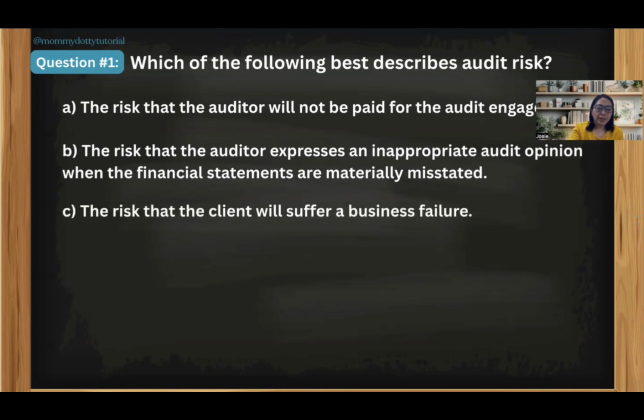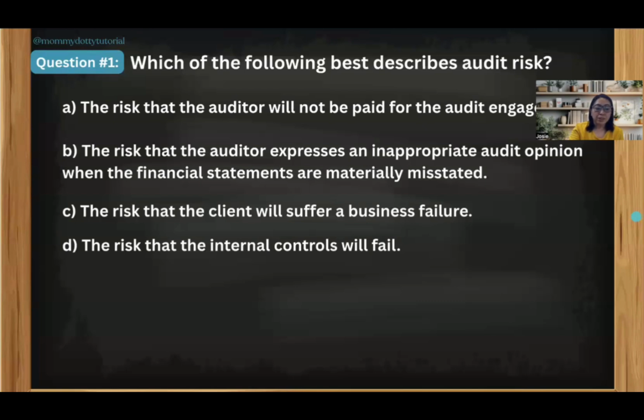C, the risk that the client will suffer a business failure. And D, the risk that the internal controls will fail. You may pause this video, just to give you some time to think, okay? For this one, the correct answer is letter B. The risk that the auditor expresses an inappropriate audit opinion when the financial statements are materially misstated, no?